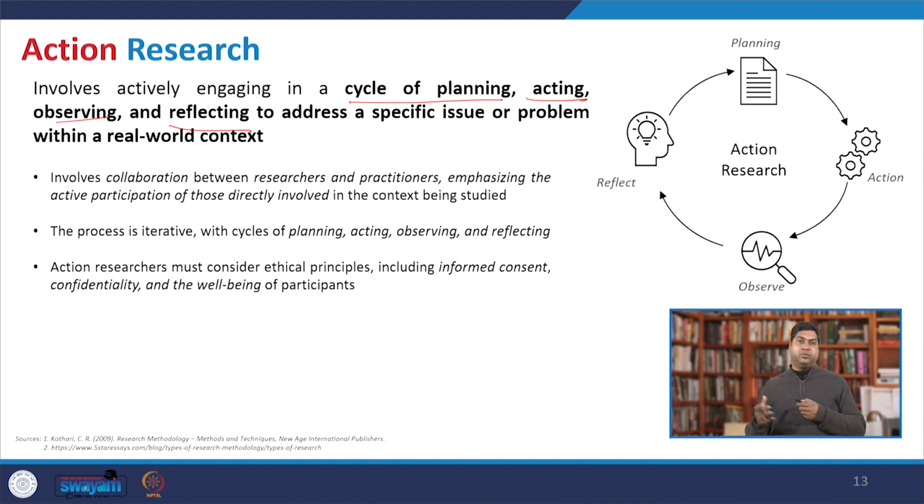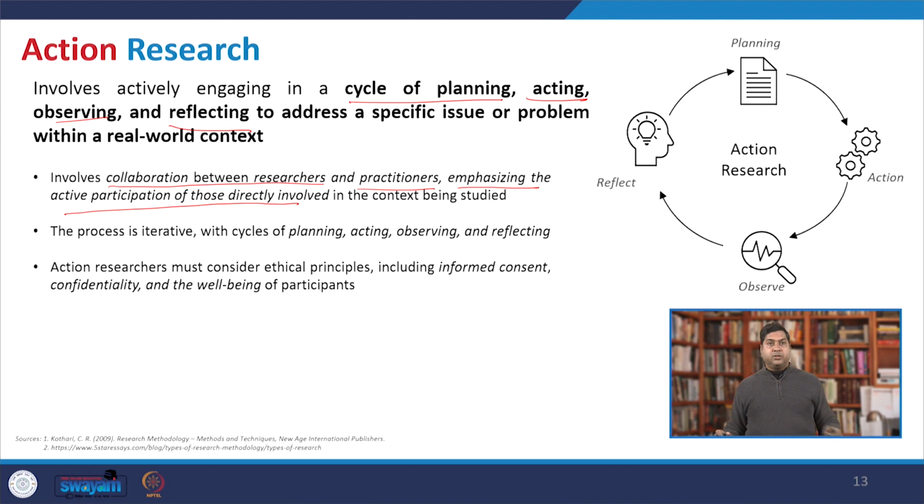So basically, whenever there is some sort of solution to be given to a problem, we go for an immediate action research kind of approach. It involves collaboration between researchers and practitioners, emphasizing the active participation of those directly involved.